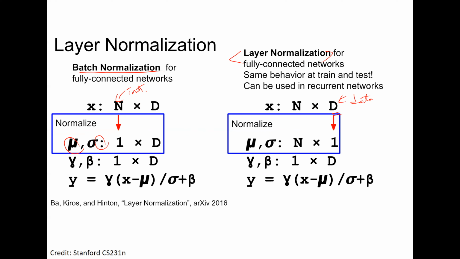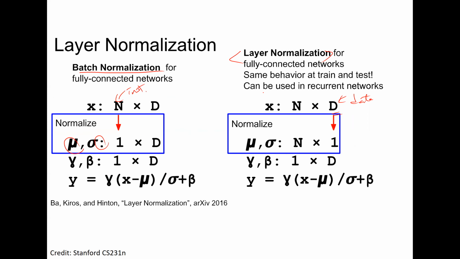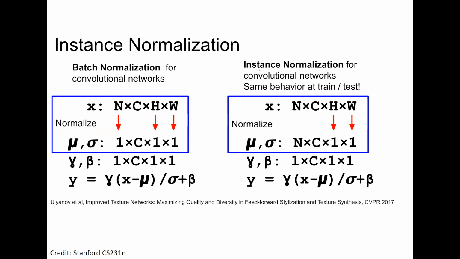So it calculates mean and variance for each data. And we can do the same for instance normalization. We can extend basic layer normalization into instance normalization. We take normalization through these H and W dimensions.